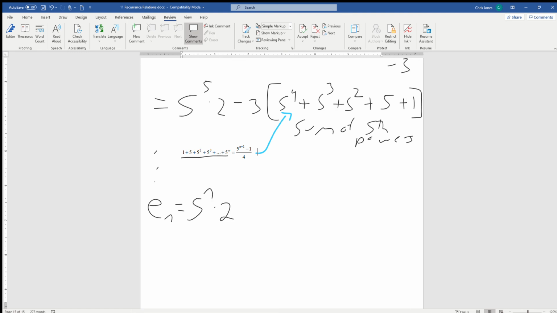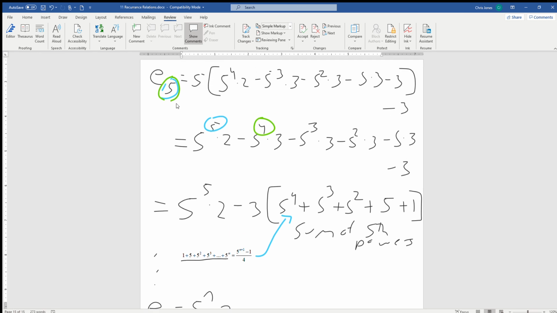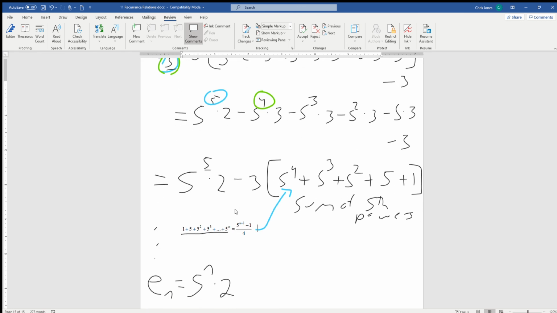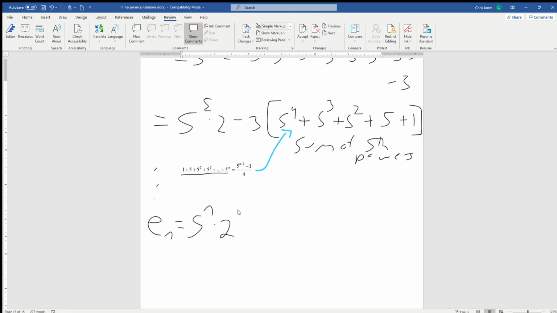Notice that each time the index matches up to the highest exponent, and then instead of all of this mess with the 5 to the 4th, etc., we have the coefficient of -3. That's going to be 5 to the n plus 1 minus 1, because we're 1 less than that, minus that index, and then 5 to the n plus 1 minus 1 over 4.